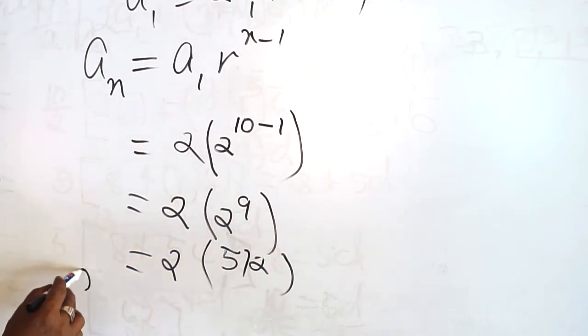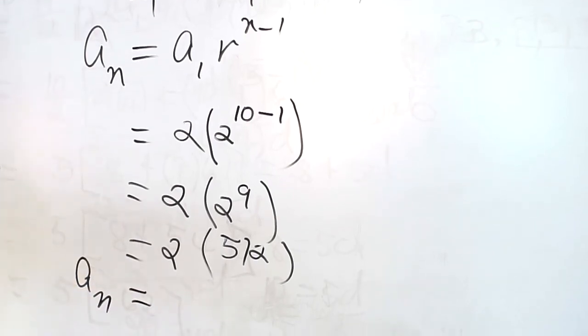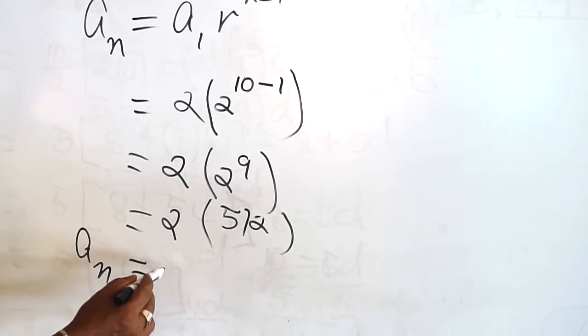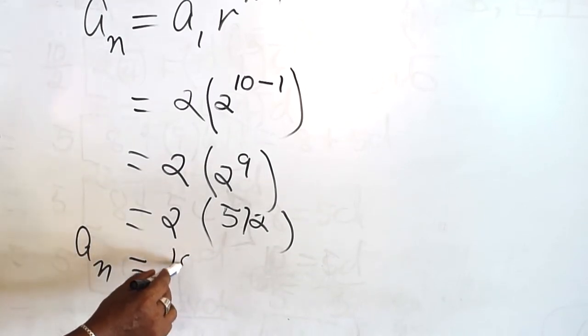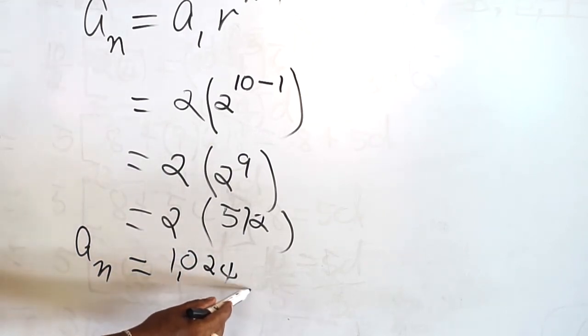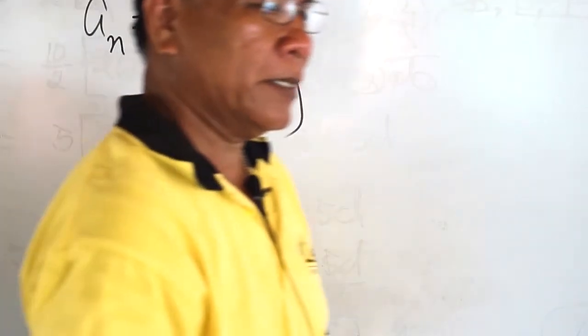Then the last term is equal to 512, multiply it by 2, so we have 1024. Okay, this is now the last term in the geometric sequence.